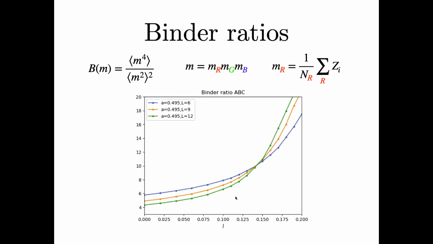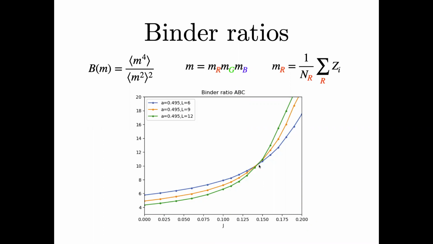For example, here I am plotting the Binder ratio against the antiferromagnetic coupling. As you increase J from 0, you find a crossing over here, so you see a second order transition.